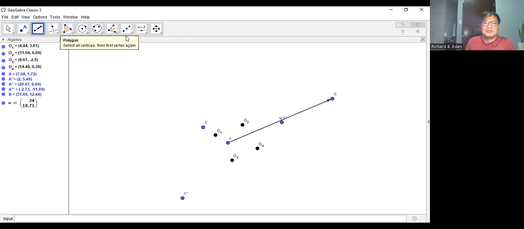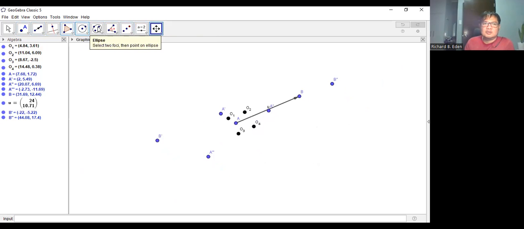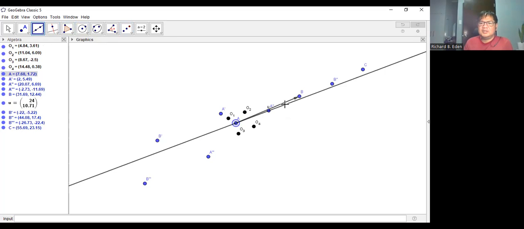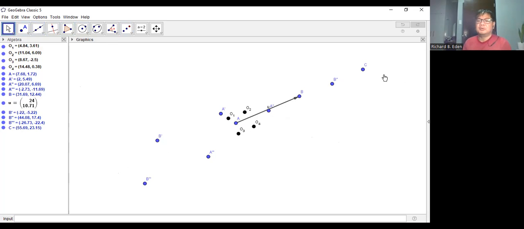Then again, the half turns: B with respect to O1, then O2, then O3, then O4, and there's C. As you can see, A, B, and C are collinear. To check whether the vector from A to C is twice the vector from A to B, that's the same as verifying that B is the midpoint of A and C.